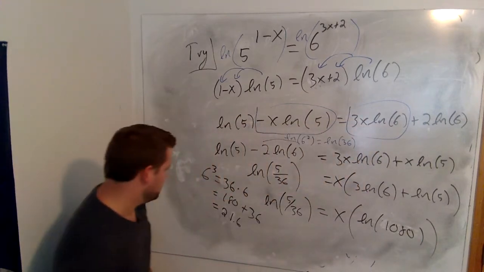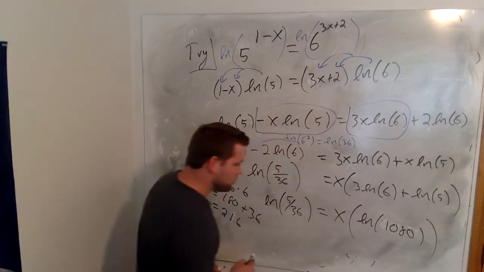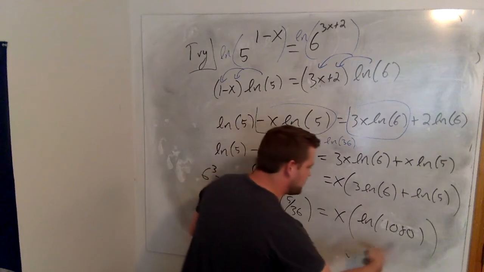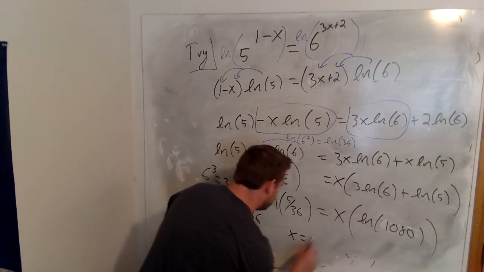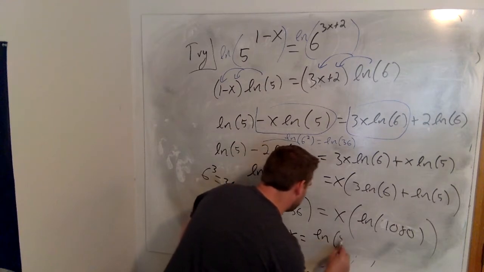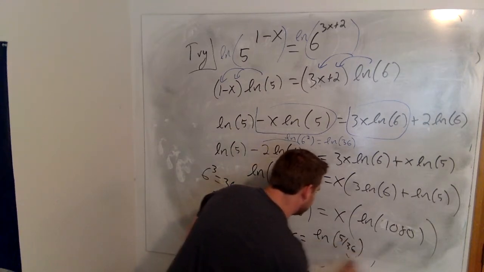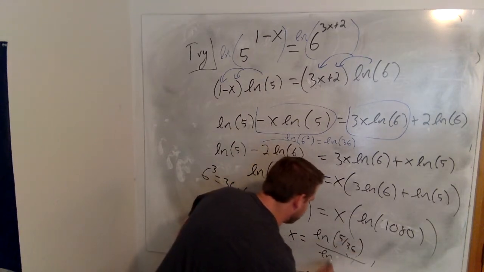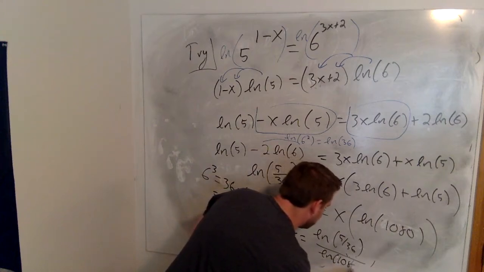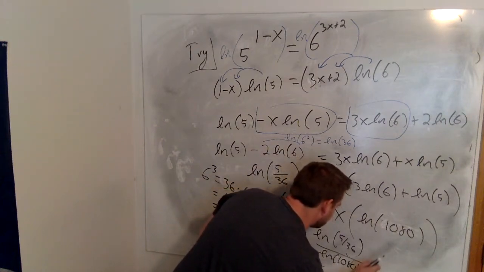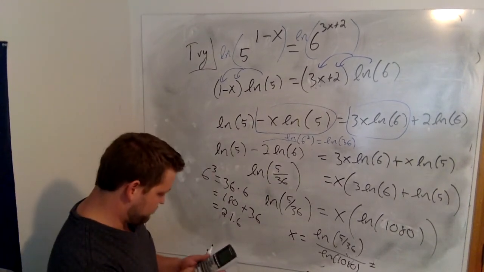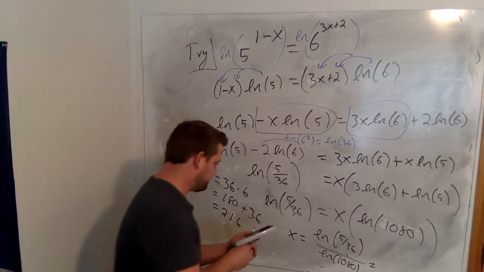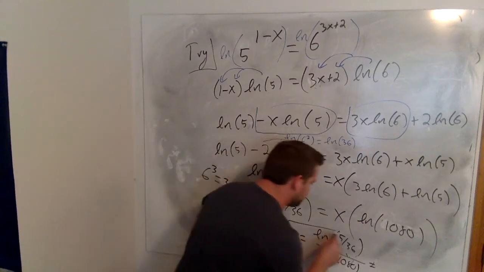Okay, so we can solve for x by dividing both sides by the natural log of 1080. So x is equal to the natural log of 5 over 36 all over the natural log of 1080. I should say that this is the exact answer.